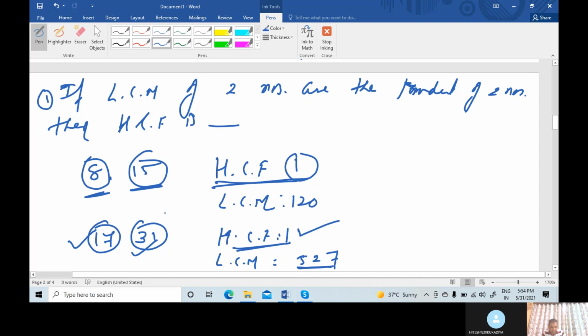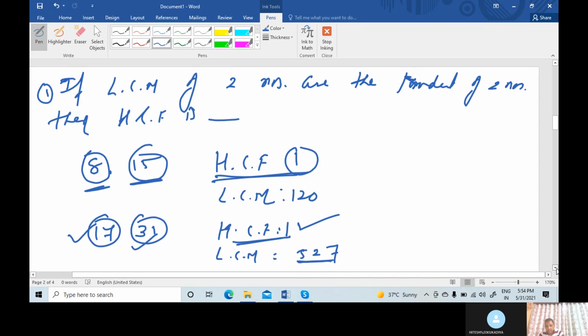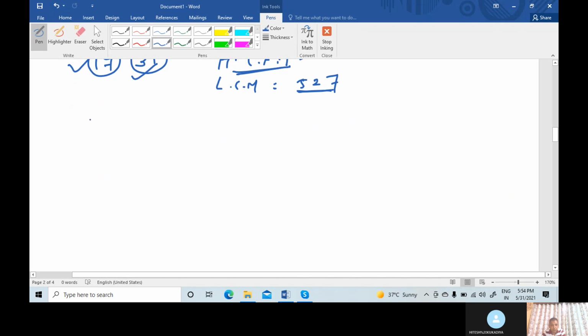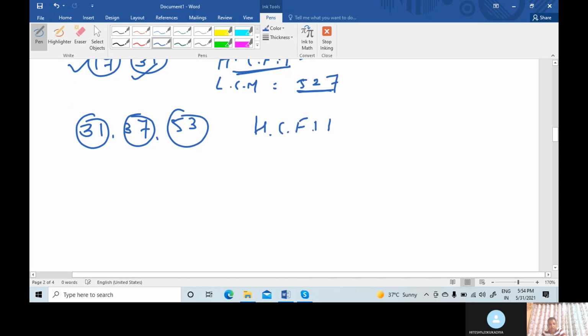Now we take three prime numbers, suppose 31, 37 and 53, say P, Q and R. Here the HCF is again 1 and LCM is the product of these three numbers.